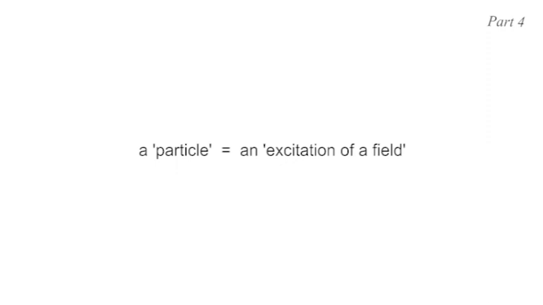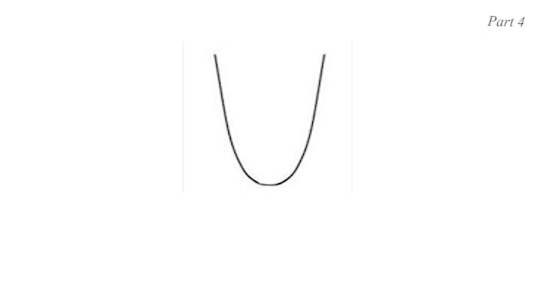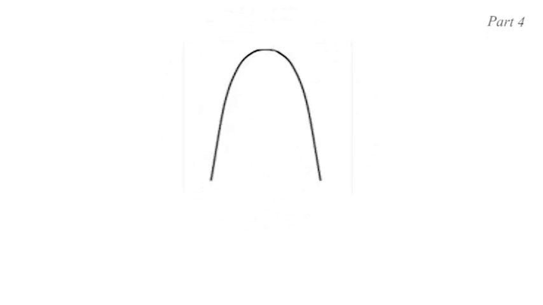However, if the mass is imaginary, instead of the ball being in a cup, it will be on a hill. There will be instability, and any field excitation will spontaneously decay. In other words, there'll be no localized excitations of the field, no analogy to a ball going backwards and forwards in a cup, because there is no cup. This should be obvious when we discuss it all later.